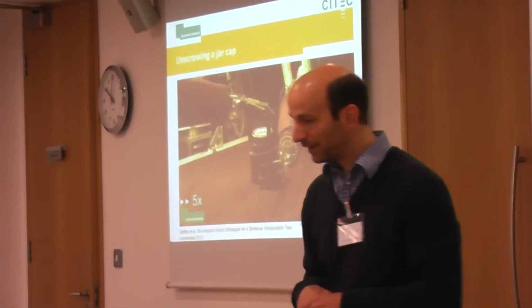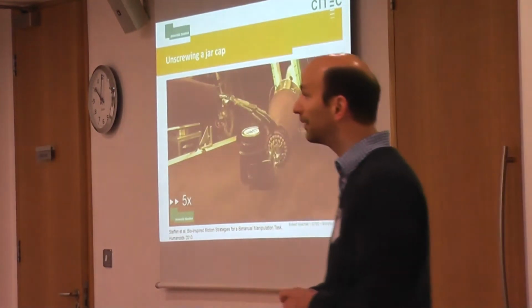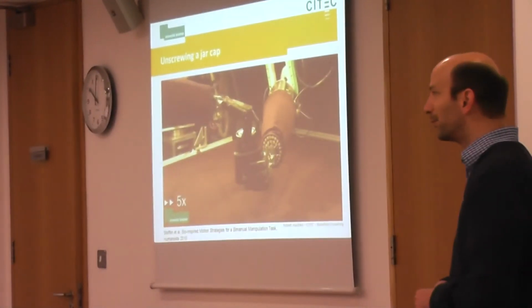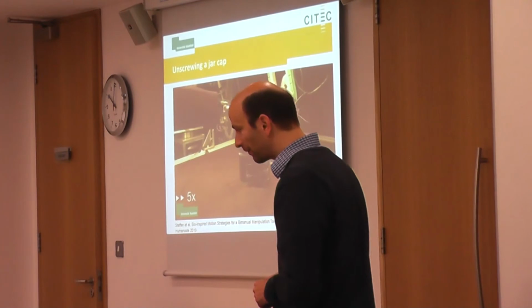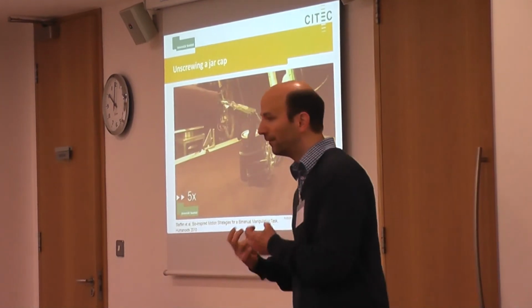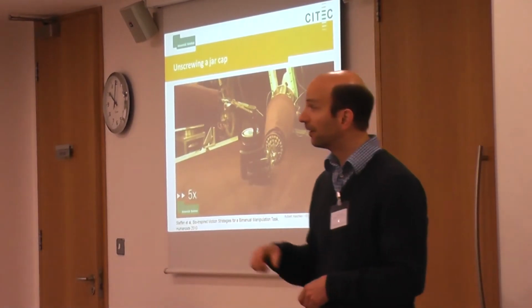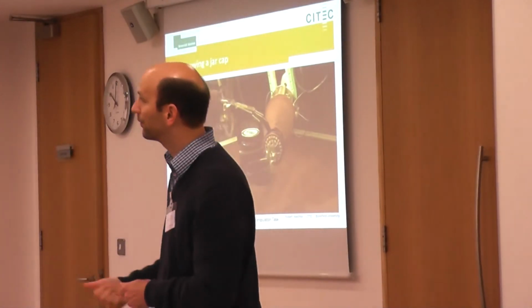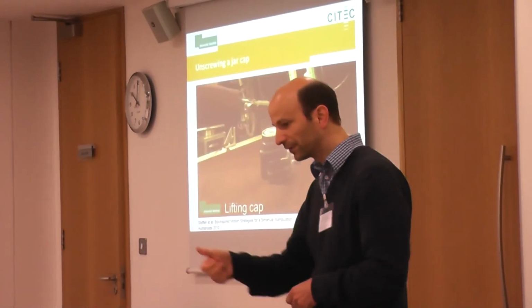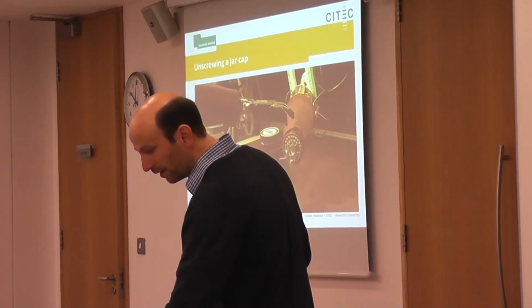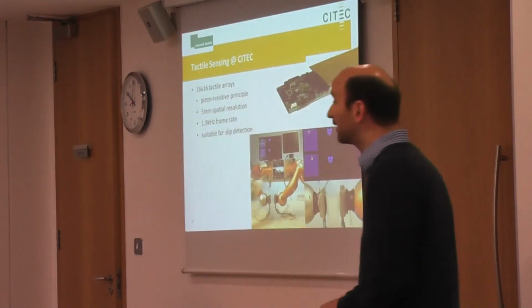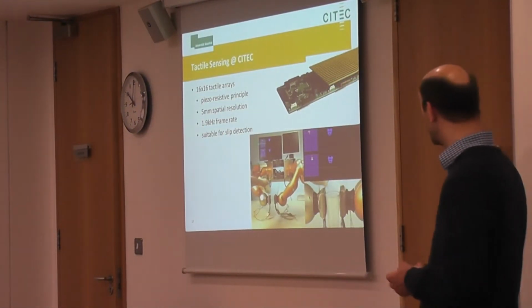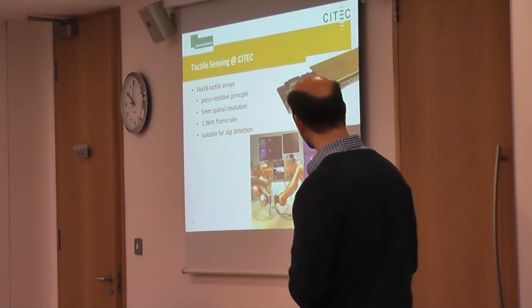Of course, in this video that worked quite nicely. However, in practice, it's rather difficult if you don't have visual or tactile feedback. We apply either too much force or too little force, not rotating the cap anymore. So there's a strong need for tactile sensing and tactile integration in robotics.